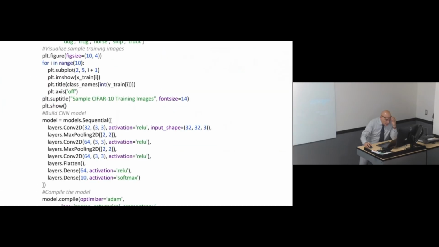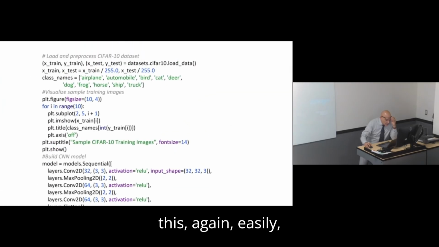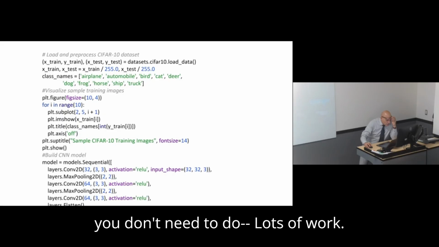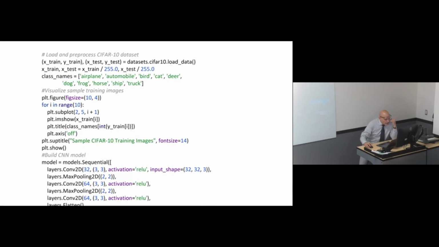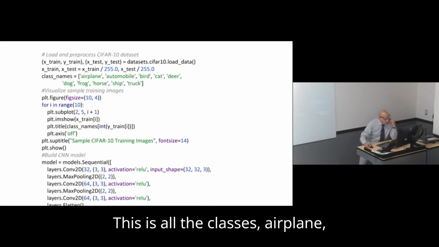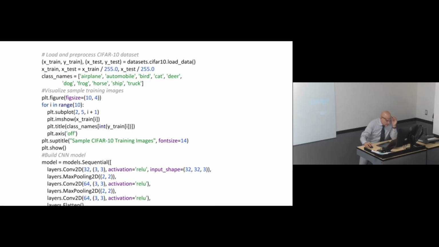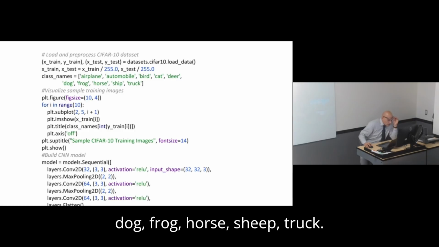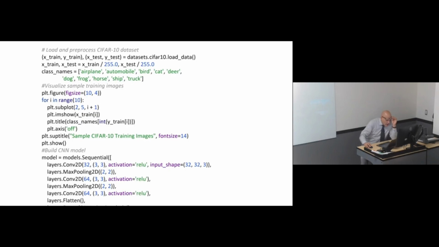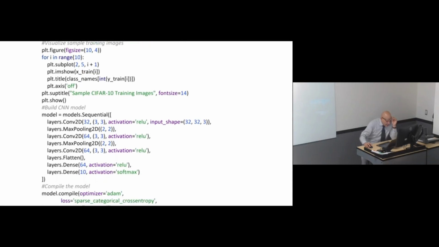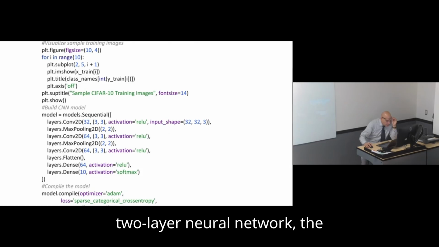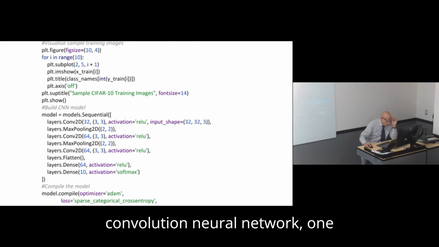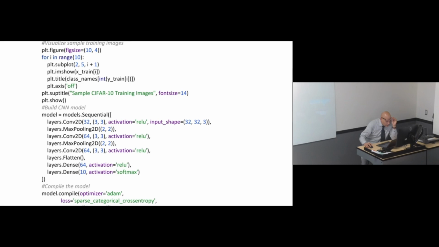And this, again, easily, you don't need to do lots of work. These are all the classes: airplane, automobile, bird, cat, deer, dog, frog, horse, sheep, truck. And then we make a 2-layer convolutional neural network, one with 32 and another with 64 kernels.